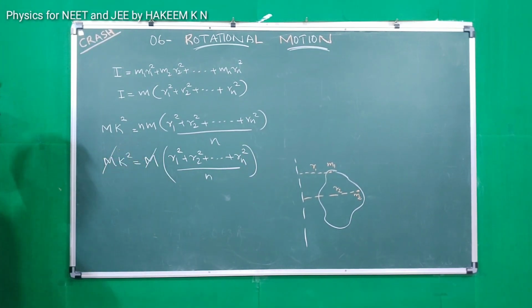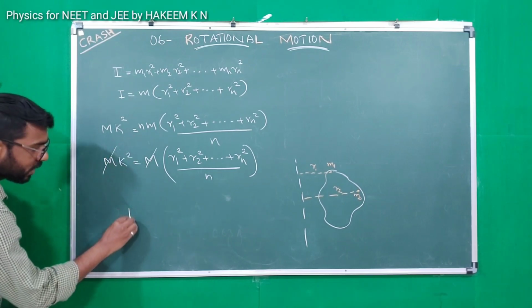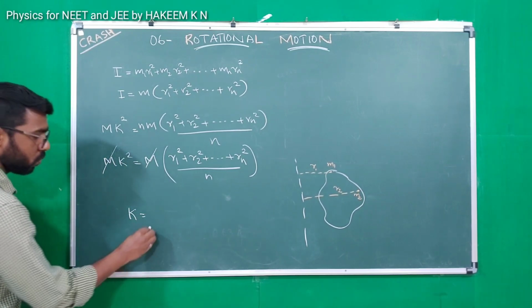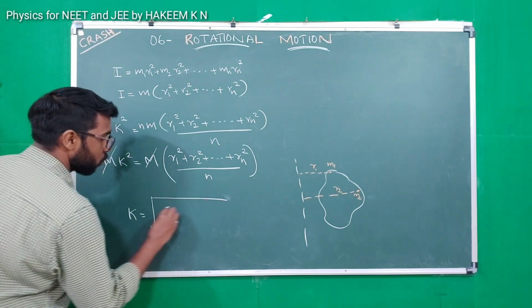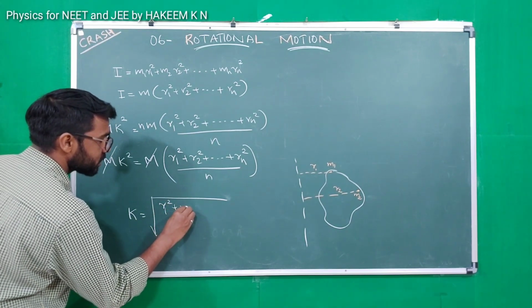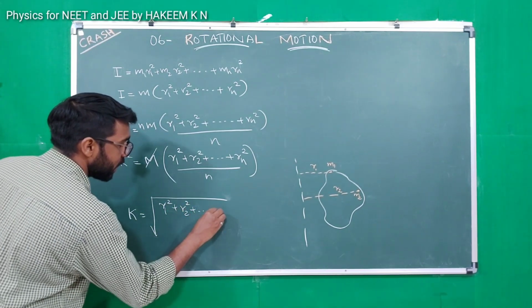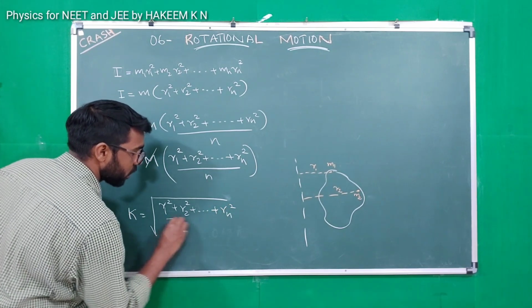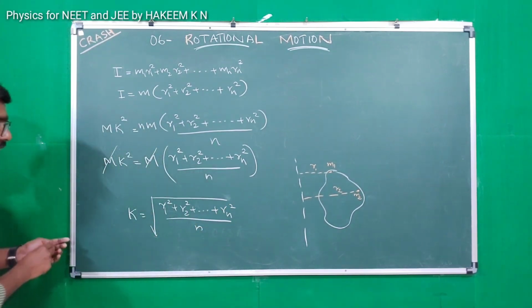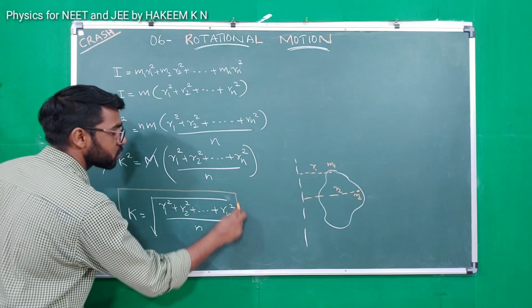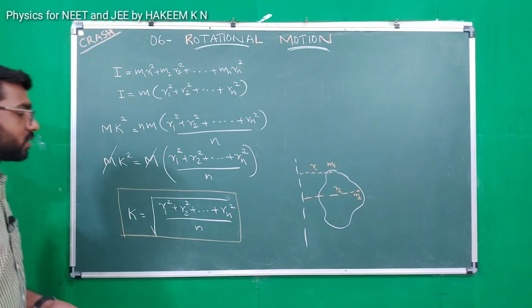M cancels, right? Then what is K? Radius of gyration K equals the square root of (R1 square plus R2 square plus etc. plus Rn square) upon N. This is the radius of gyration of a system of particles.